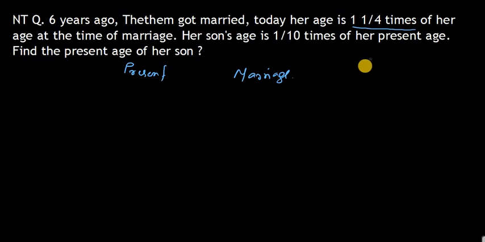1 by 4 times, so it is a mixed fraction here, 5 by 4. Today her age is 5 by 4 times of her age at the time of marriage.